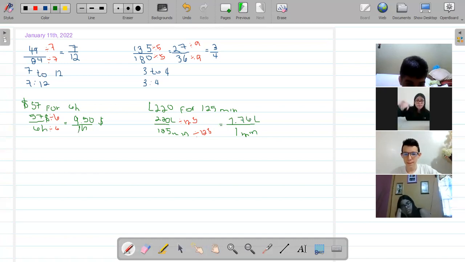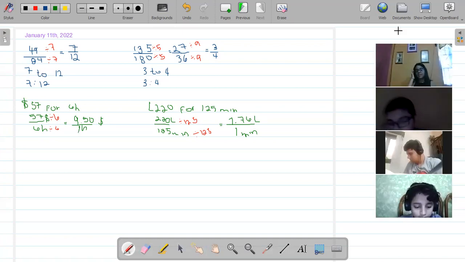So if the movie lasts 2 hours with 5 minutes, I am actually paying 1 lempira with 76 cents for every single minute that I stay in the VIP room. That's the unit rate. Questions so far?